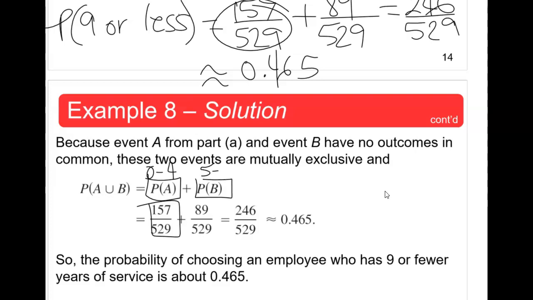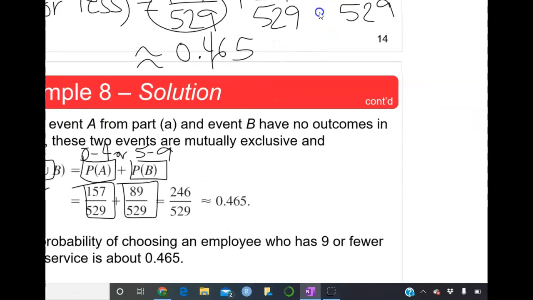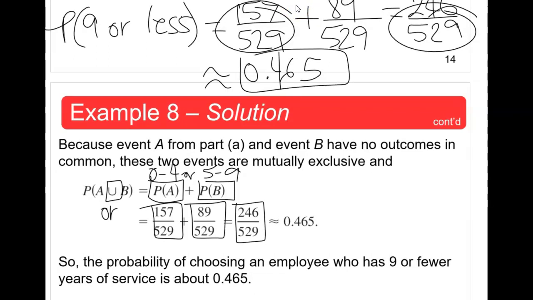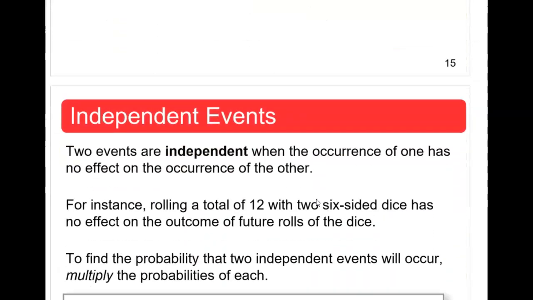Okay, so yes, I'm sorry. And here we have the union, so remember that is OR. So the probability that the people are in the 0 to 4 or the 5 to 9. And so it's the same result here, 89 over that. And then if we add that, we get the 246, same thing that we got here. And that is approximately 0.465.